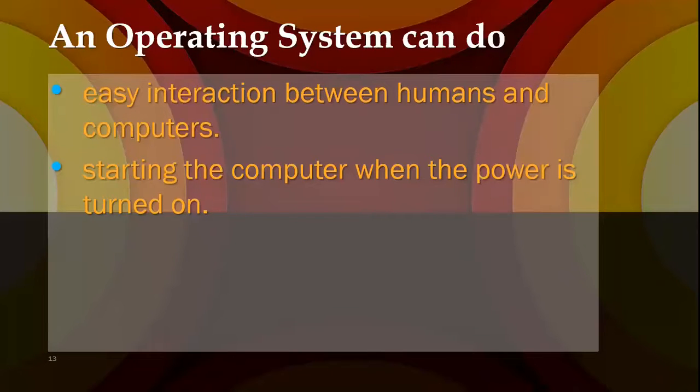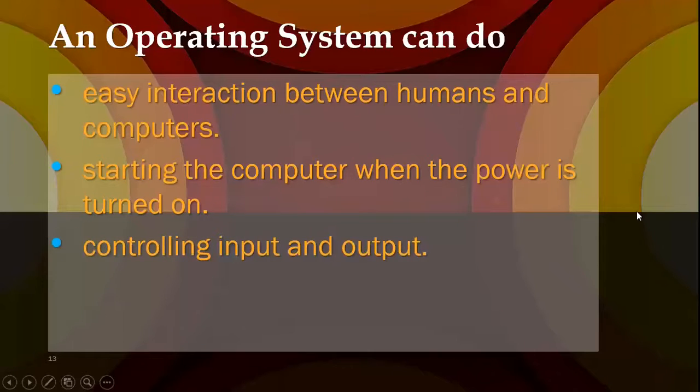This MS-DOS is the first version of the Microsoft company's operating system. After starting, we call it booting up. After booting, it continues with the real Windows operating system, for example Windows 10, Windows 8 or 7, or the other operating systems.